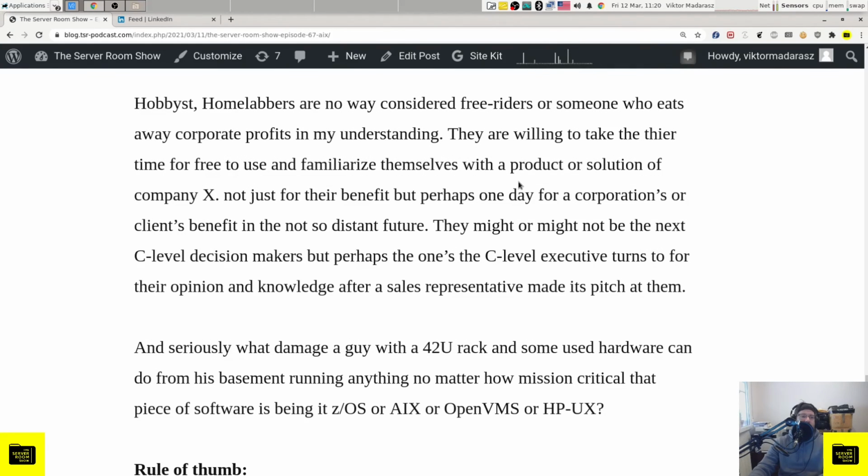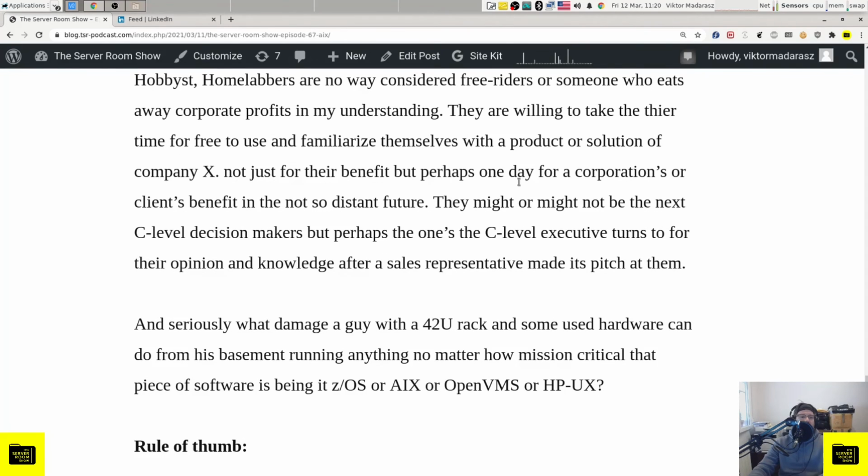Hobbyists, home labbers, enthusiasts are, in my opinion, in no way free riders or someone who eats away corporate profits.